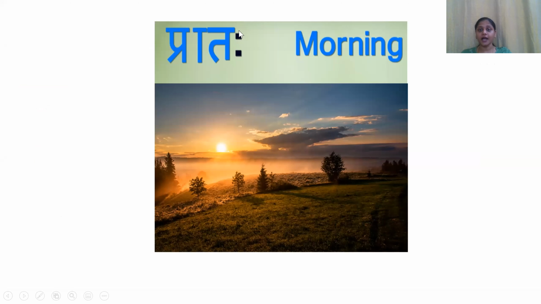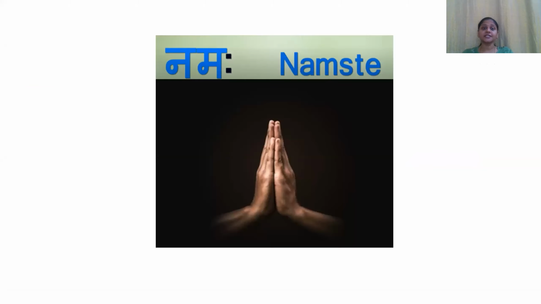So these are AHA. So Pratah is the morning. The next is Namaha. We say Namaste. So this is Namaha. So that is AHA. So the first word is Pratah and you have Namaha. So at the end of many shlokas, we see Namaha and all. So this is AHA word.